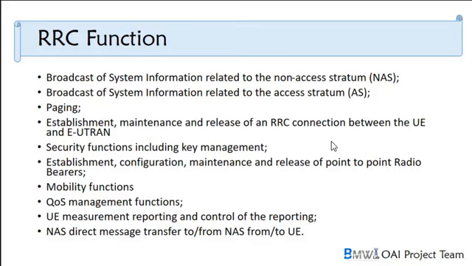The third is paging, and establishment, maintenance, and release of the RRC connection between the UE and E-UTRAN. And security functions, because in the previous figure there was ciphering and deciphering, so this is used for the security function. And mobility functions, QoS, quality of service management functions, UE measurement reporting, and NAS direct message transfer.